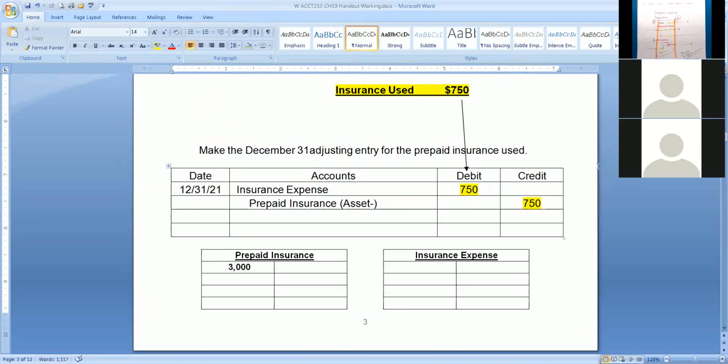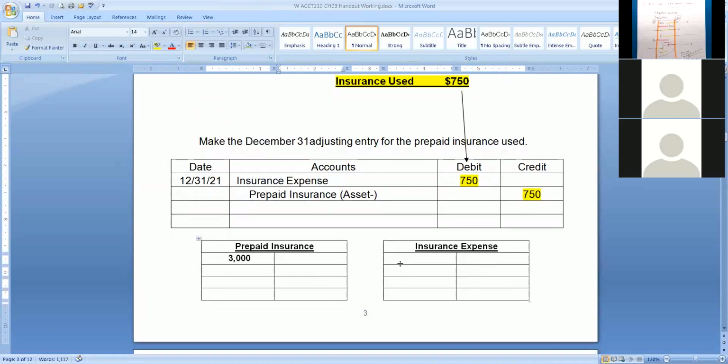So that's how we got those. And so this will be 750 now. One of the things that you can always get asked is how much is left in prepaid. So 3,000 minus 750 is what, 2,250. So this is the ending amount that's left. And the insurance expense will be 750.